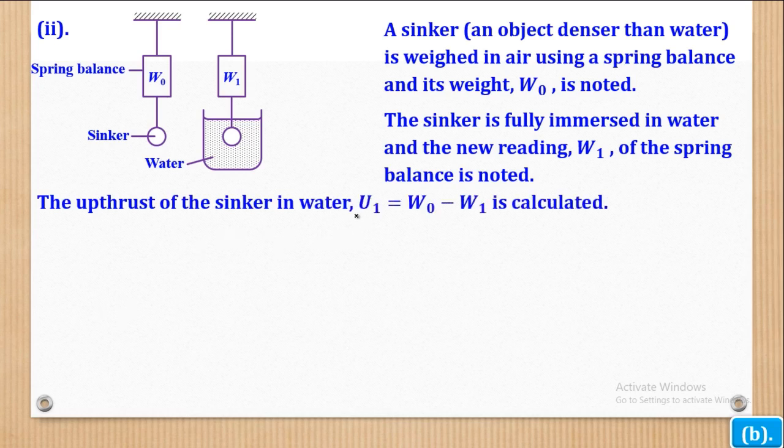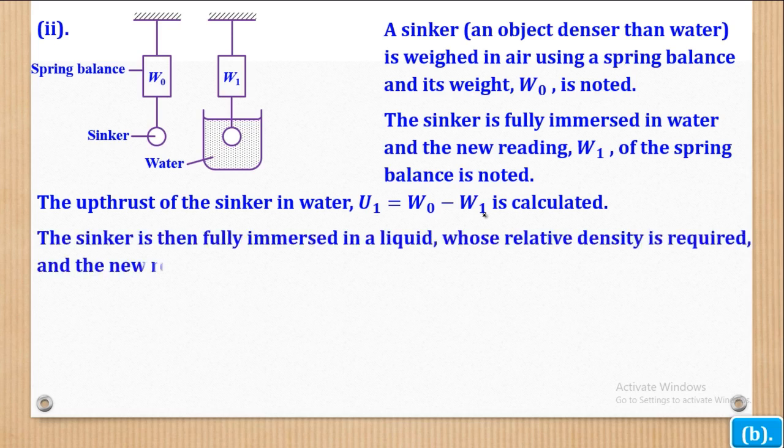So upthrust U1 of the sinker in water will be given by W0 minus W1. So you calculate it. Then the next is that the sinker is then fully immersed in a liquid whose relative density is required and the new reading W2 noted.